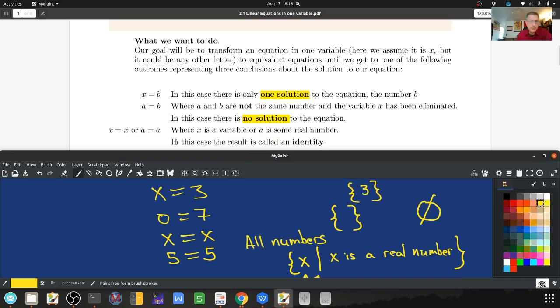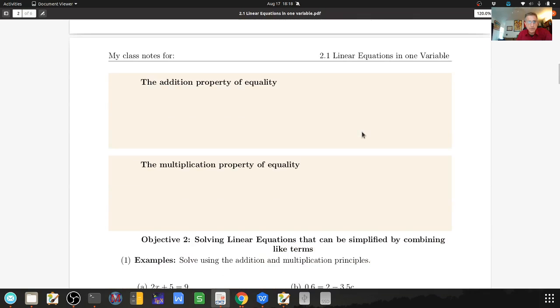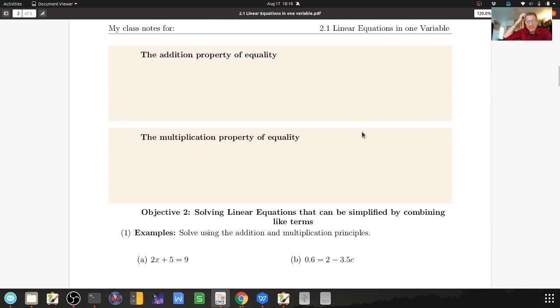First thing we're going to do is to introduce some properties that allow us to solve our linear equations. So the first one is going to be the addition property of equality.